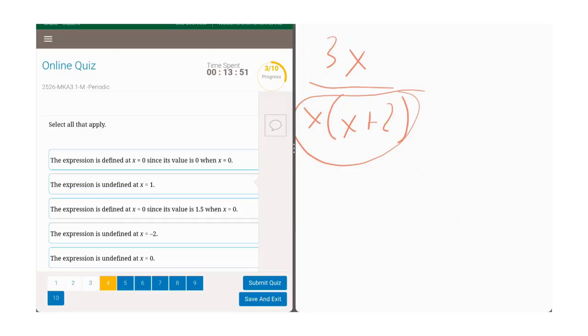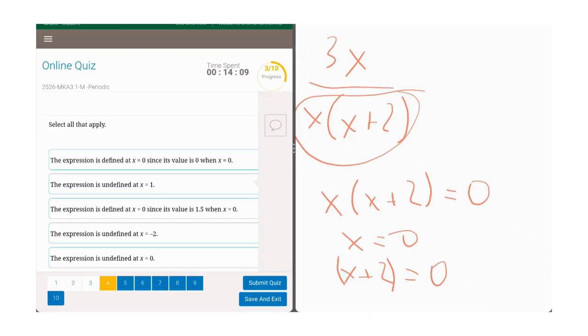So we don't factor anything, we don't cancel out anything with the numerator, we just take the bottom denominator and set it equal to 0. Now I can do x equals 0 or x plus 2 equals 0.